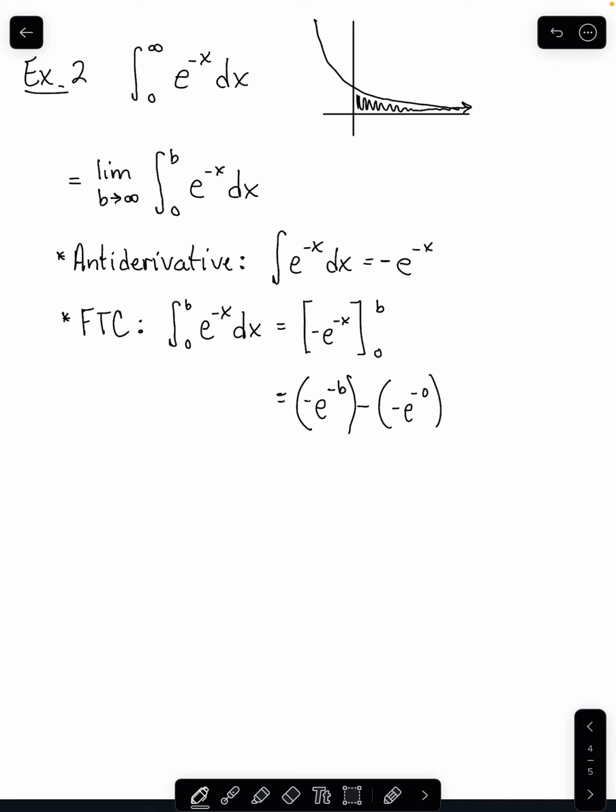Well, e to the negative 0 is the same as e to the 0, which is 1. So we have negative e to the negative b minus negative 1, or simply plus 1. Lastly, we can apply the limit.